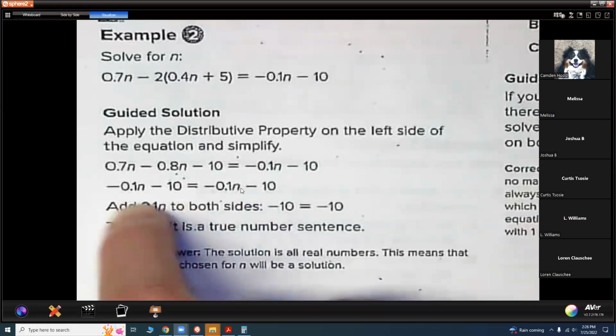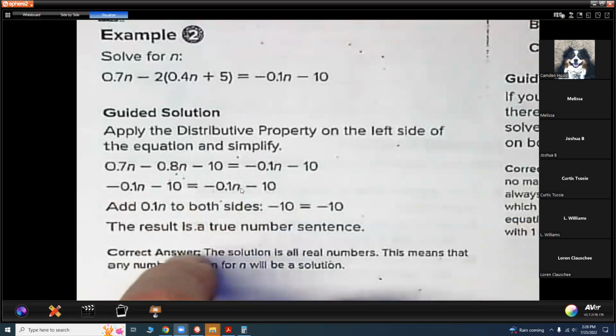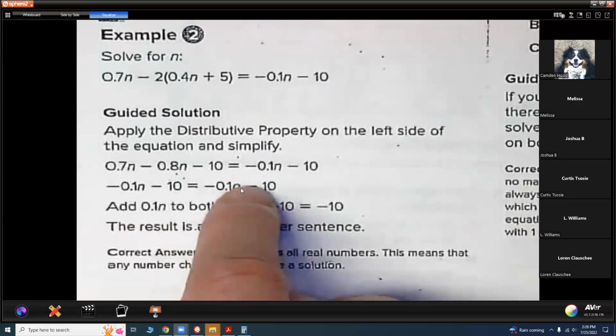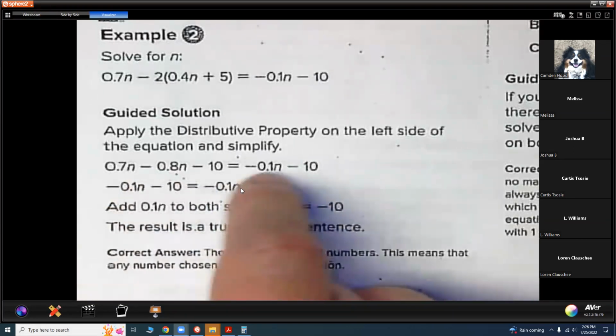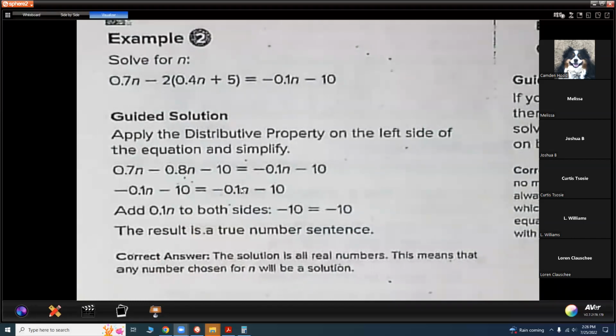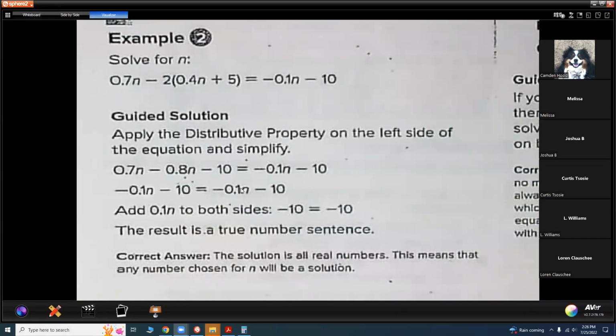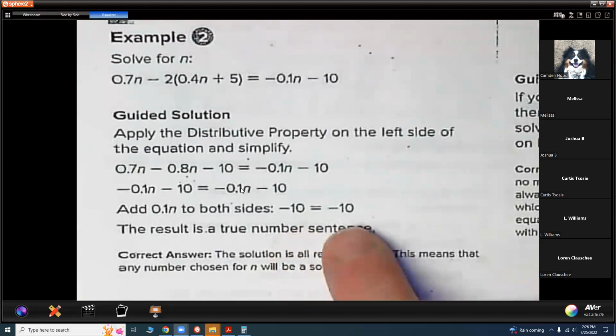Since I have -0.1n on both sides, if I add to both sides, my n term goes away. Do you guys see that? So then I'm left with -10 equals -10.